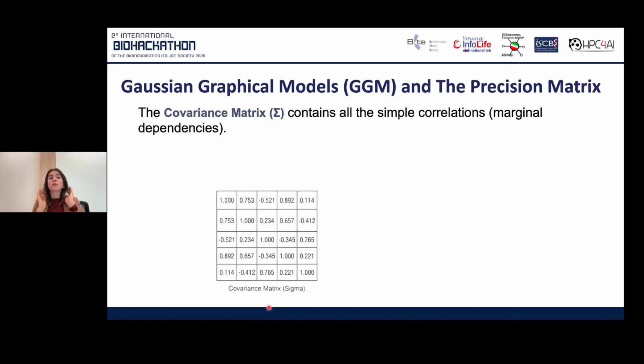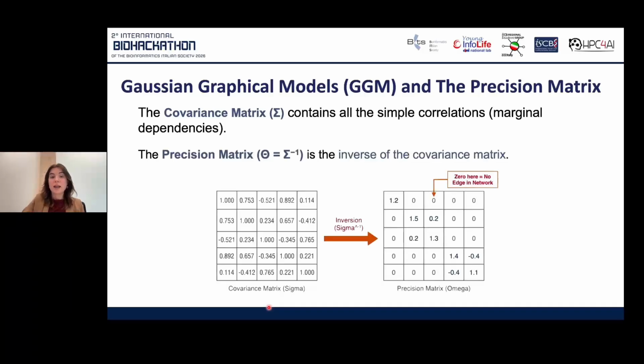The covariance matrix contains, this way, all the simple correlations, so all the marginal dependencies, and the precision matrix, that is the inverse of the covariance matrix, mathematically removes all the indirect paths and will leave only the partial correlations. So if the covariance matrix was representing our dense and full network with a lot of spurious and indirect effects, the precision matrix will actually tell us the real network.